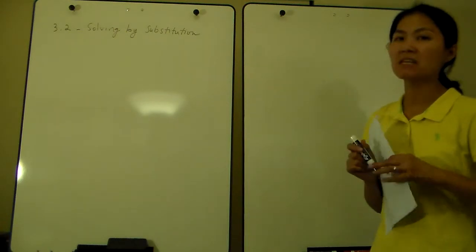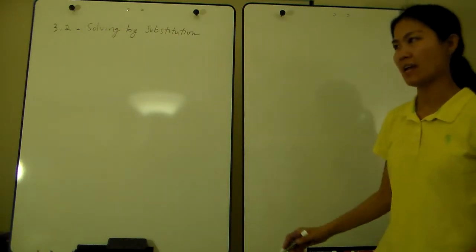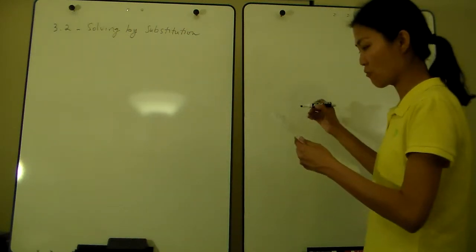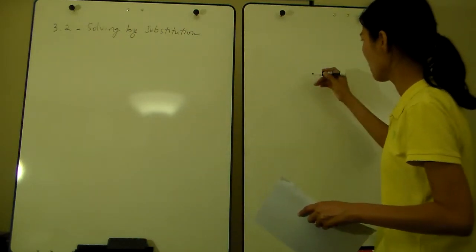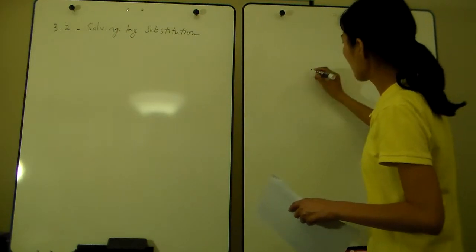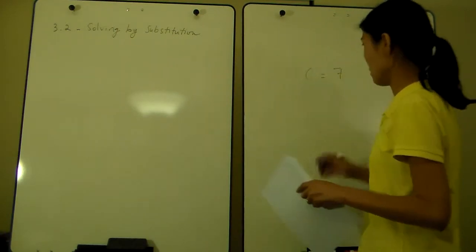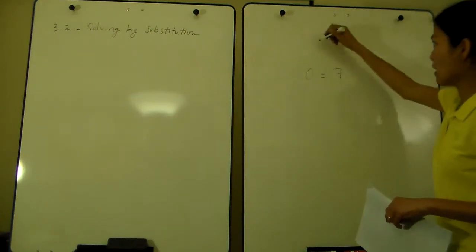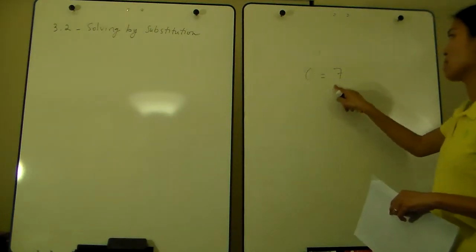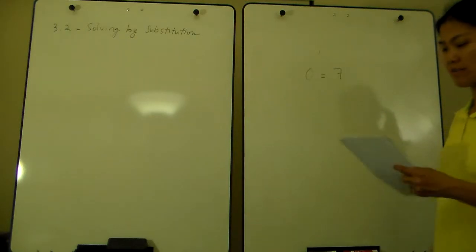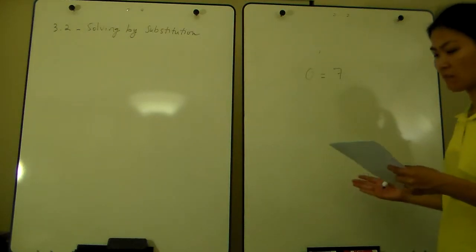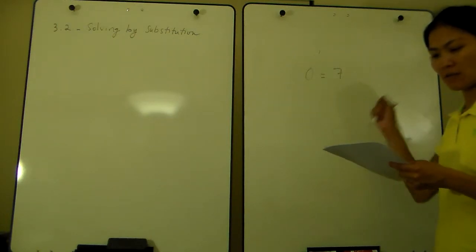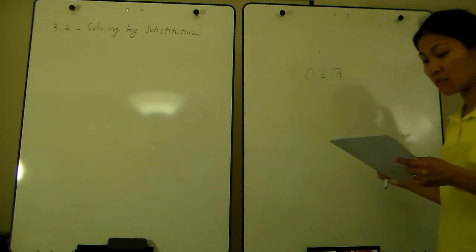So if you're given a system of two equations and you solve for x and y, and it turns out you get the result 0 equals 7, which is false, in that case you would say that the system has no solution and it is inconsistent.